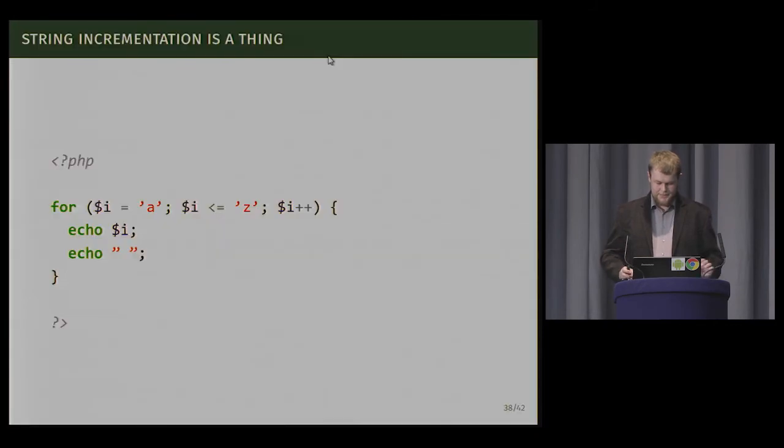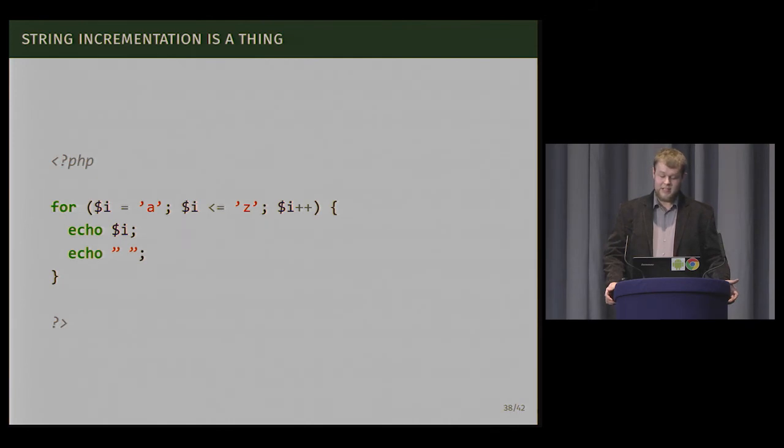Now, why is that? Because in PHP, string incrementation is a thing, as the title says. So if we increment A, that's going to give us a string with B. Incrementing that gives us C, and so on. When we hit Z, incrementing that gives us AA. But then, when we compare it with less than or equal, that does a lexicographic check.